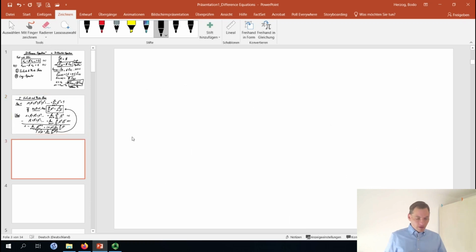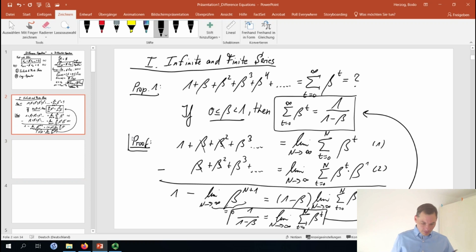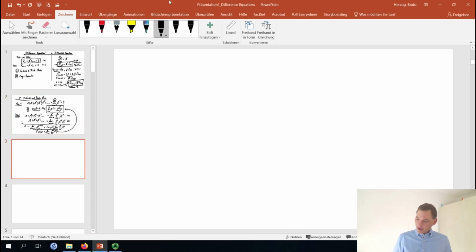The second one, when we talk about infinite series, is a finite series. You know, this is infinite, right? Because here we make the sum up to infinity. But what happens if we have the following? We have the sum from t equals 0 to n of beta to the t, and now n is not going to infinity. It's some number.